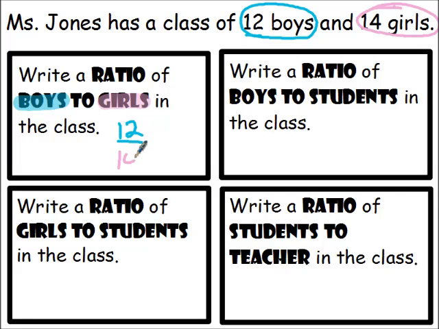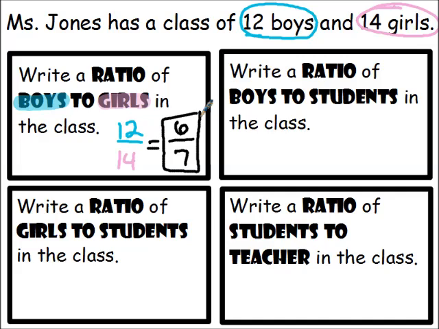So we have 12 to 14. And this can be simplified, and so we will simplify. 12 divided by 2 will give us 6, and 14 divided by 2 will give us 7, for a ratio of 6 to 7. 6 boys to every 7 girls.